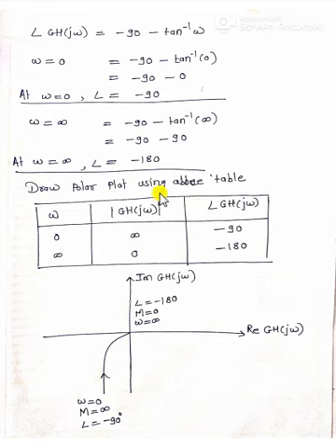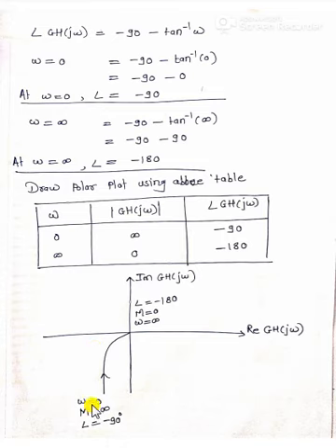With the help of this table we will draw the polar Nyquist plot for the given Nyquist path, that is AD. So this is our AD plot. Here I have drawn real of GH of j omega and this is imaginary of GH of j omega. When omega is 0, magnitude is infinity and angle is minus 90. This axis is 0 degrees, this is minus 90, this is minus 180.